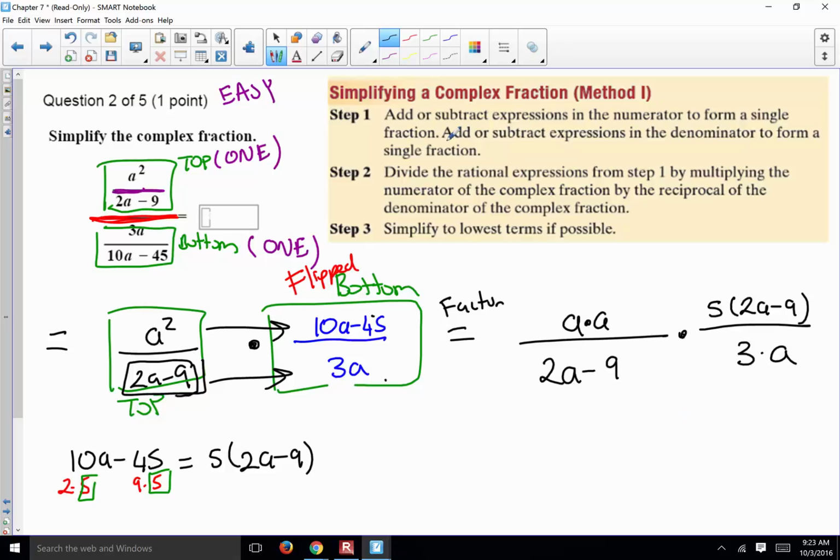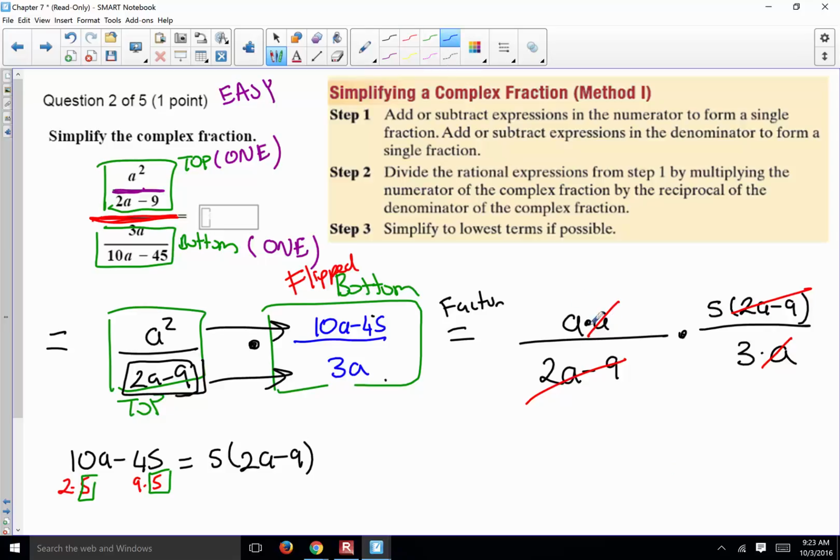Alright? Now, is there anything matching on the top and bottom so we can cross out? 2a minus 9. Look. Anything else? Could you actually cancel a because it is multiplication? Yep, we can. More? Anything more? Nope, we're out.